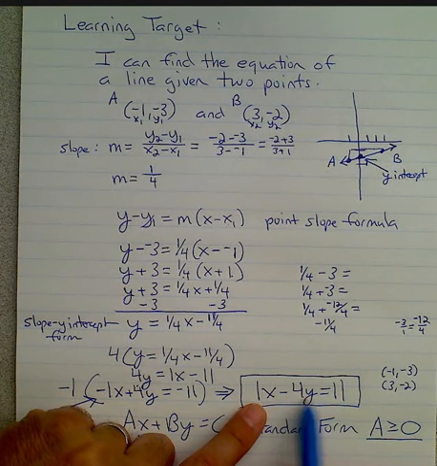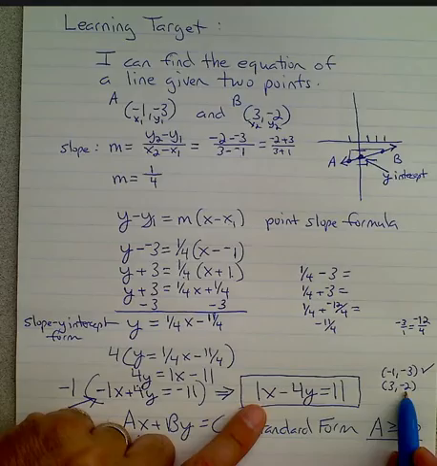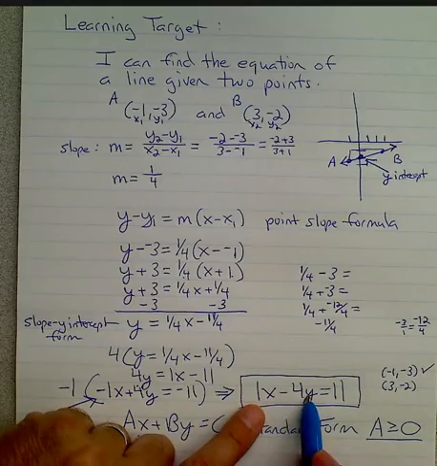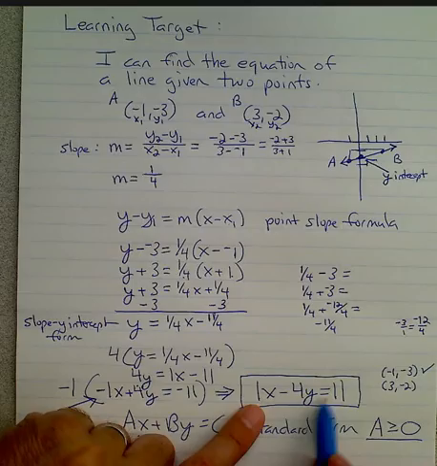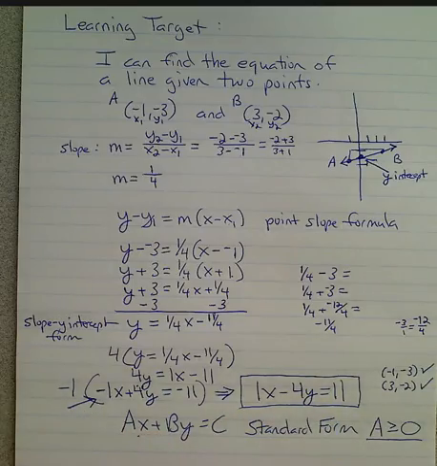And that would give me 11. So this point worked. Thinking mentally, 3 minus 4 times negative 2. Well, negative 4 times negative 2 will give us a positive 8. Positive 8 and 3, that would make 11. So now I am absolutely certain that that is the equation of the line in standard form.